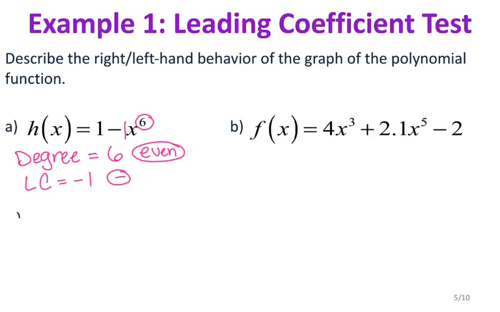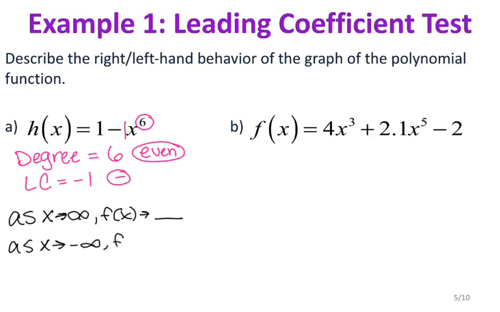Okay, so now I'm going to write out my statement for end behavior. Again, your statement is always the same, regardless of the problem. Without actually looking at the graph, we need to figure out the end behavior. Now, if your leading coefficient is negative, that's going to create a negative infinity for your first infinity.